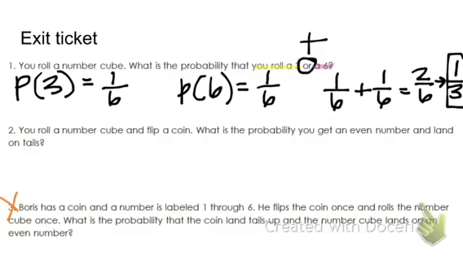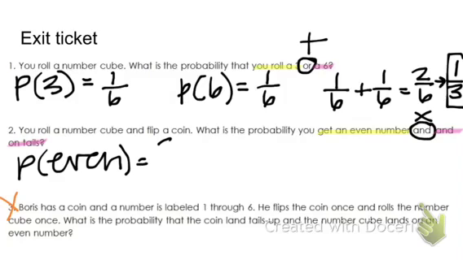Alright, the next one says you roll a number cube and flip a coin. What is the probability you will get an even number and land on tails? So first we find the probability of getting an even, which is 3/6, or you could reduce it to 1/2.